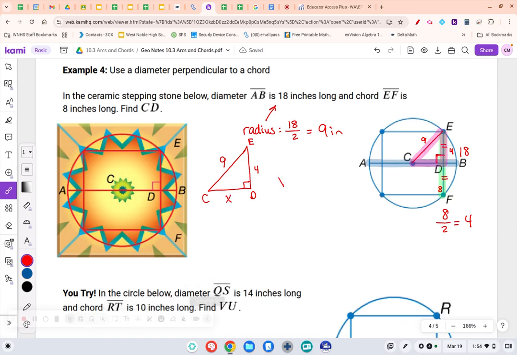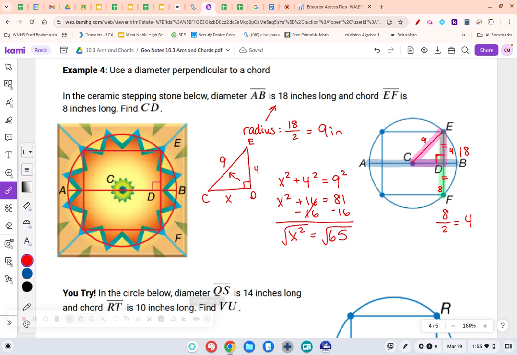It is a leg length, so I'm going to take x squared plus 4 squared equals 9 squared, because remember, your last thing is always the number across from the 90. So I have x squared plus 16 equals 81. We subtract 16 on both sides. x squared is 65.